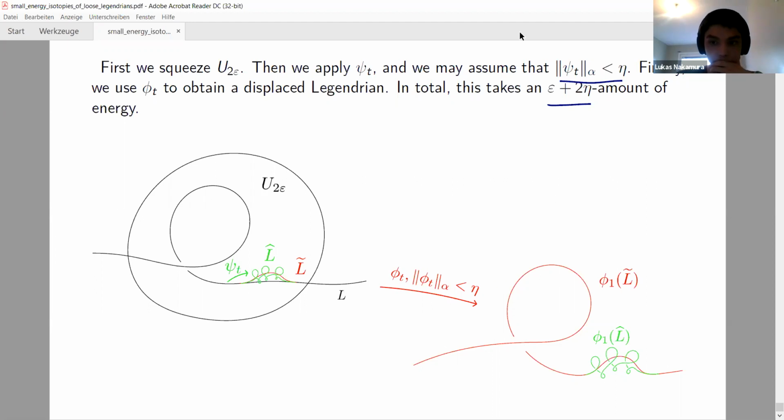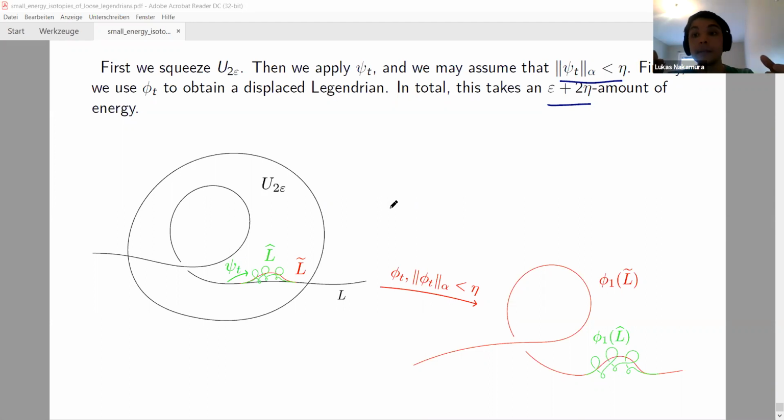And maybe one last remark. In the abstract, I mentioned that this can be interpreted as a quantitative version of Murphy's h-principle. And this goes in the following way. Assume you have two loose Legendrians, which have such loose charts in balls of some height, and you assume that those are formally isotopic.